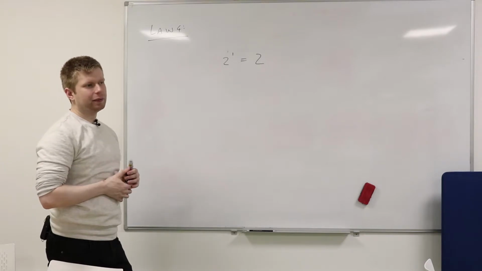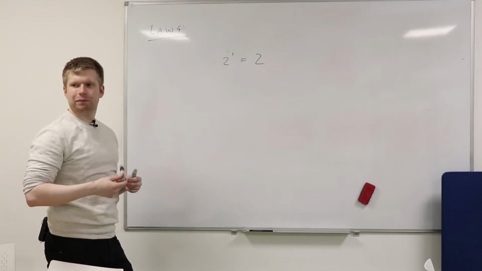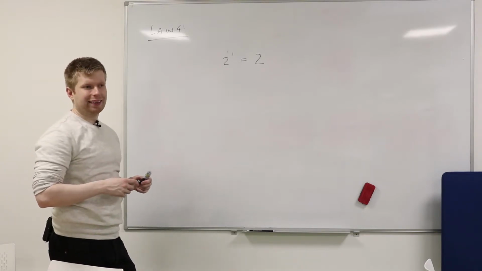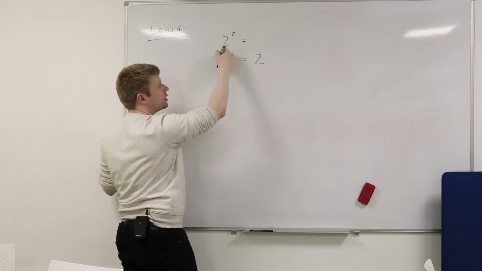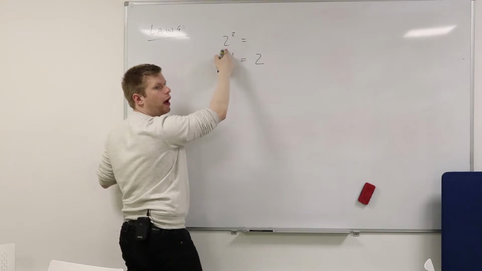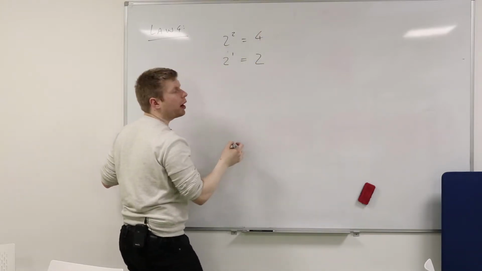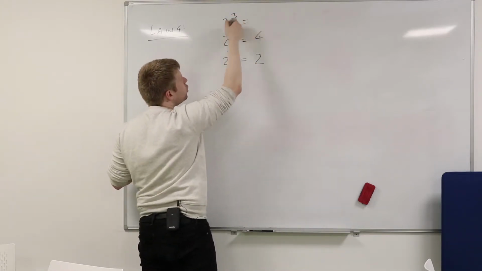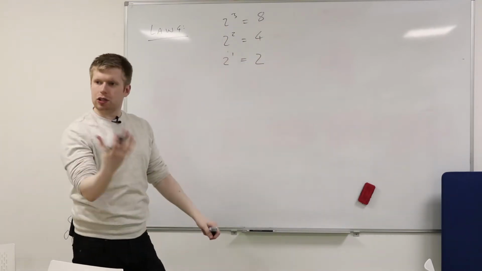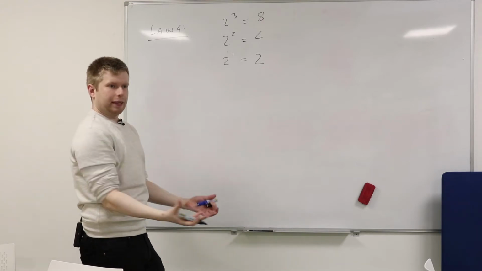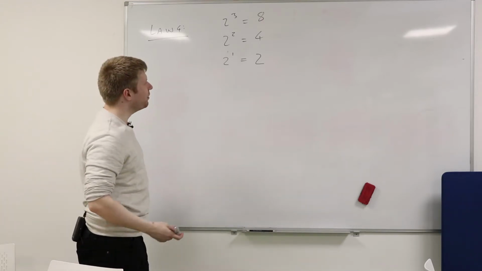Can anybody convince me why? Because it's just 1 times 2. So if I wrote 2 squared down, then you're saying times 2 by itself twice, get 4. And if I wrote 2 cubed down, times 2 by itself 3 times. 2 to the power of 1 just means take 2 and just leave it, like you just got 2, right?